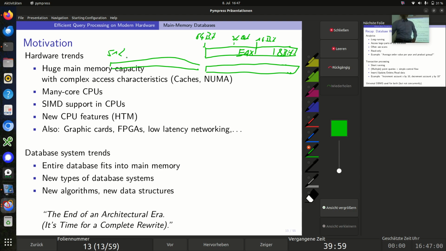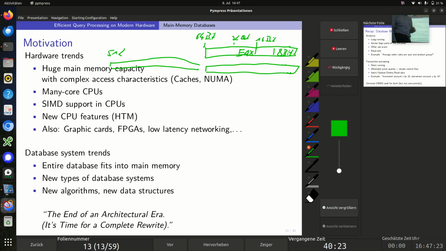SIMD means the same instruction on multiple data. Therefore I can easily parallelize: if I have up to 8 data values and want to do the same instruction, like we frequently do in database systems, we can just parallelize it.